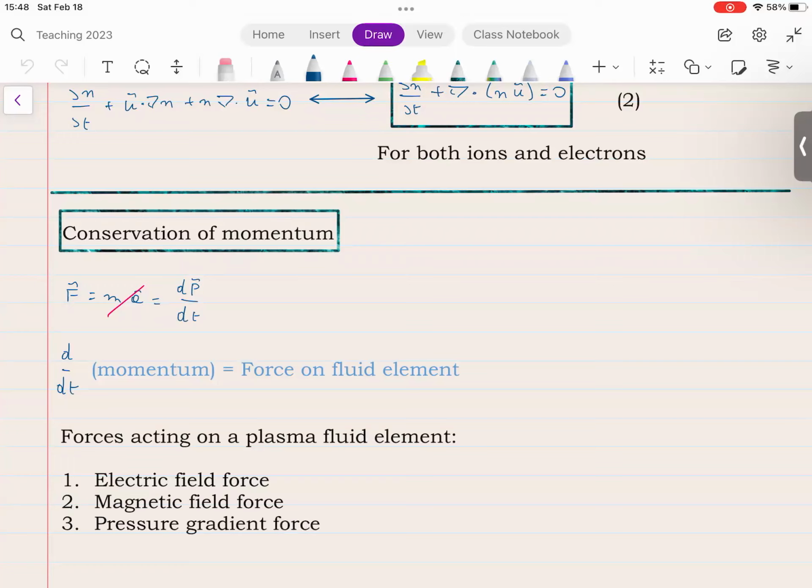This may or may not be intuitive, but you know that pressure is a force divided by a surface. If I have a pressure on the side of my fluid element, that's going to exert a force. If there is a pressure on the opposite side, that's also going to exert a force.